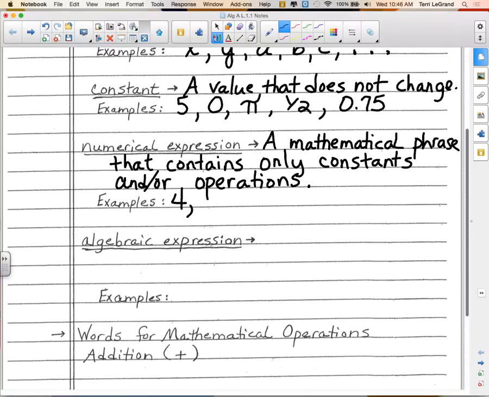Now, give me one that has, well, by the way, if it has operations, it's going to have constants. So anybody help me out with a numerical expression that has both things going on? How many mathematical operations are there?